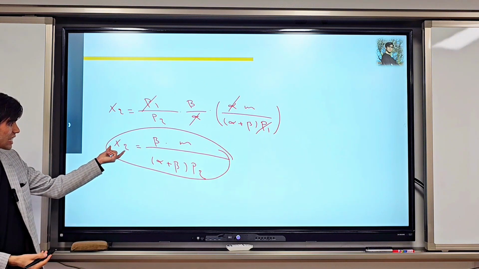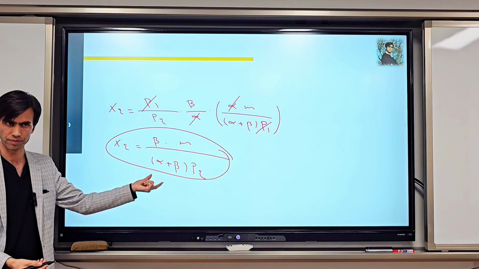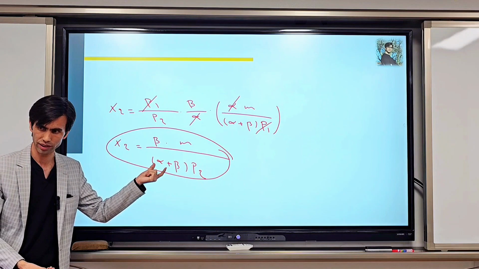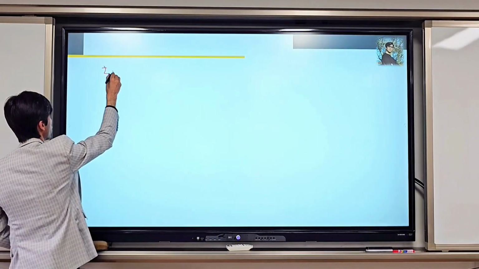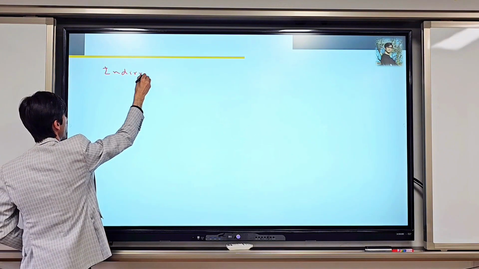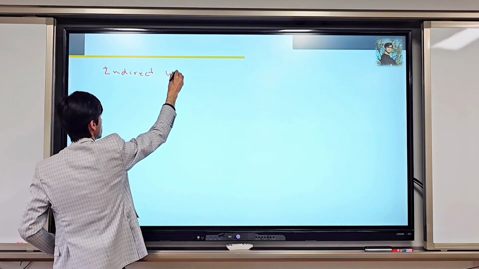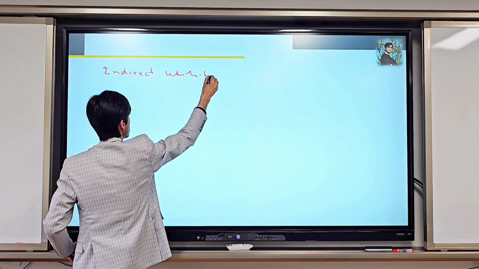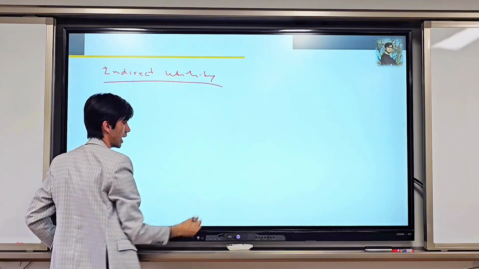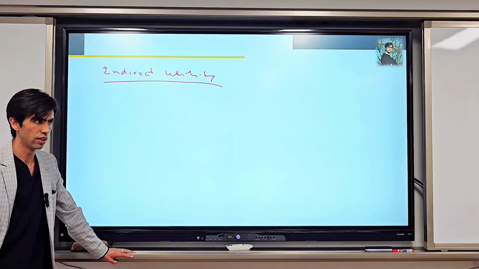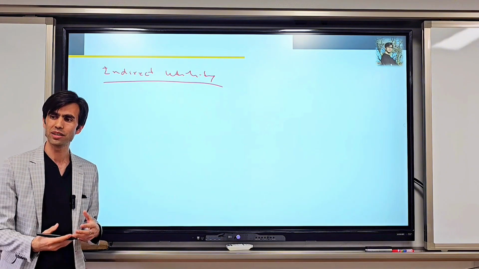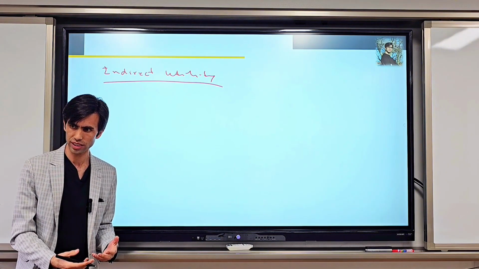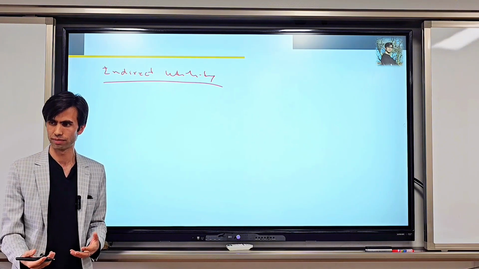And these x1 and x2 are called the Marshallian demand functions. And we use these Marshallian demand functions in order to find our indirect utility function. Indirect utility function is a result of the utility maximization process in terms of price and income.